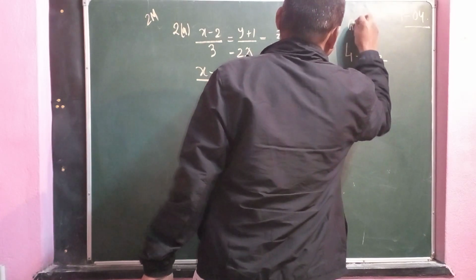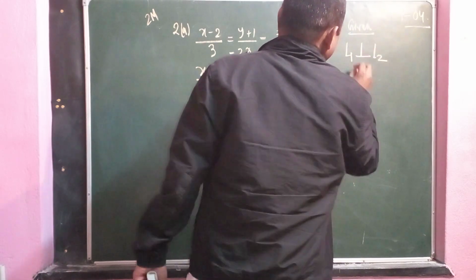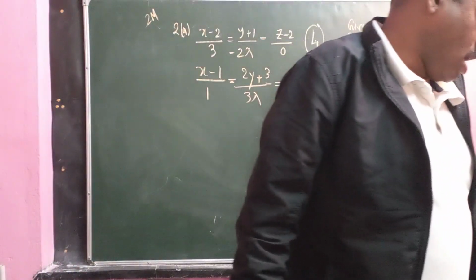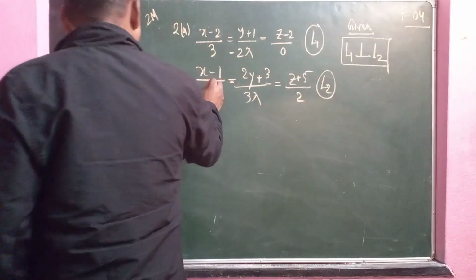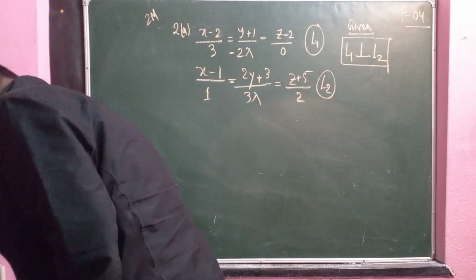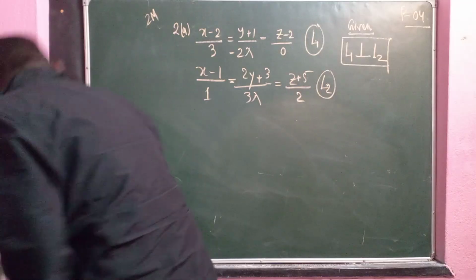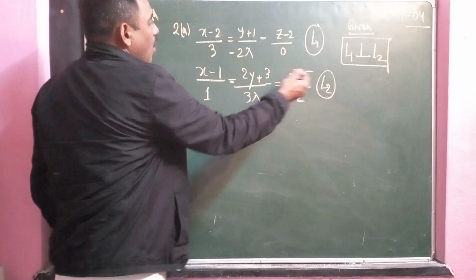This is given. Now you have to calculate the lambda. How do you calculate the lambda? After completing these questions, I have a few more questions on this. So how will you calculate?